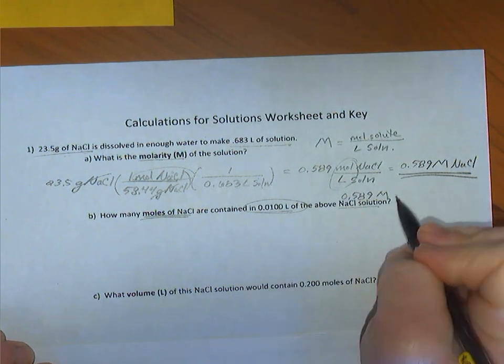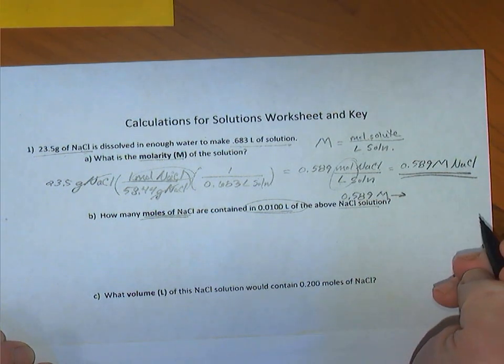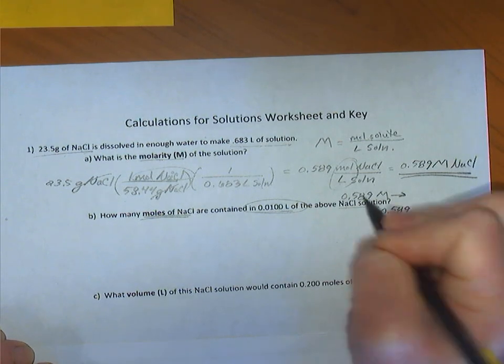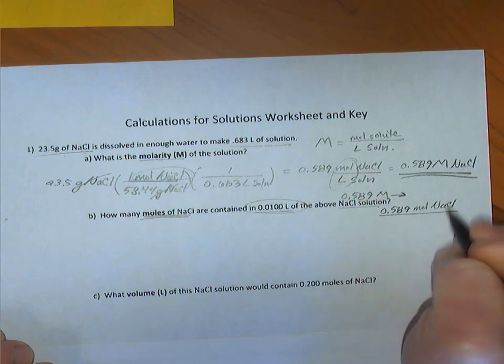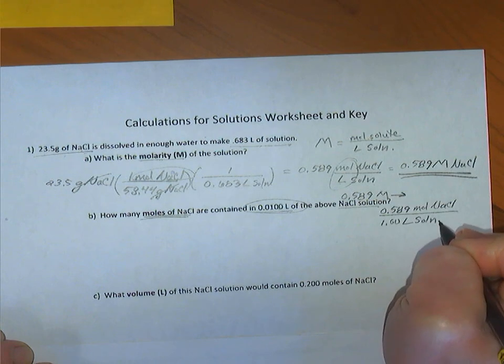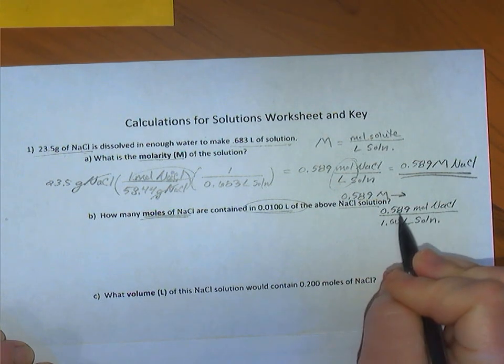Now remember, molarity means moles of solute per liter of solution. So I can expand that concentration to be a conversion factor. I'm going to write that as 1.00 liters to respect the 3 sig figs that I found.